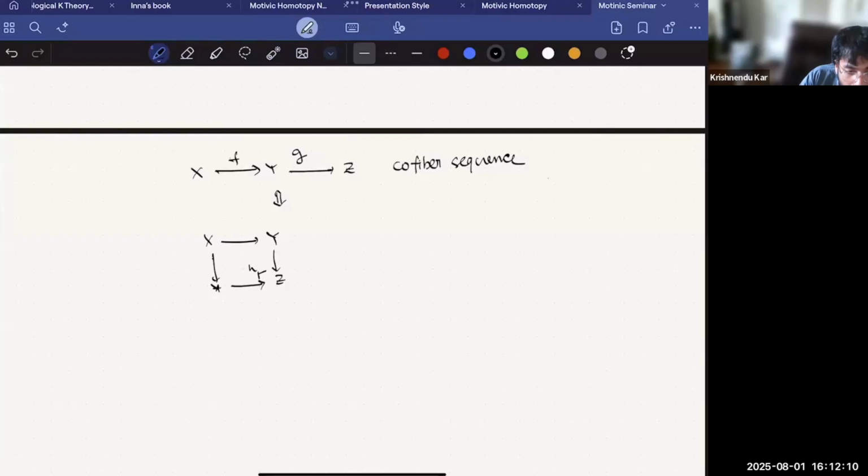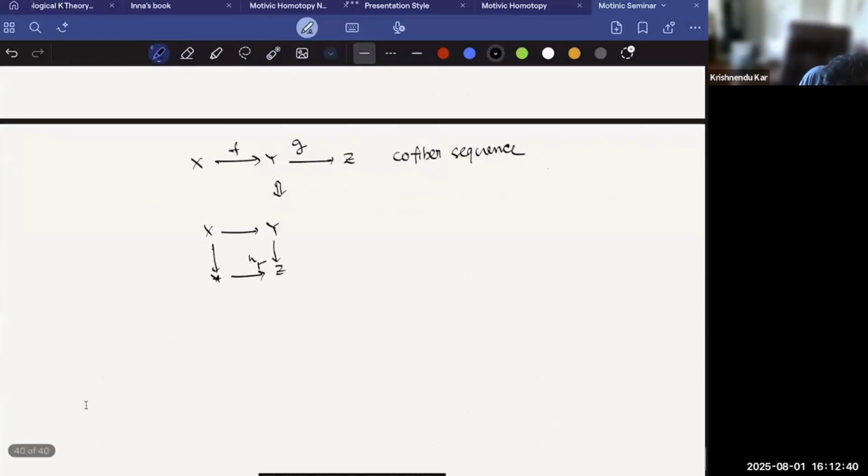Yeah, I have done it over here. Okay, let's keep doing it. So that means that this fits in a homotopy push-out square.